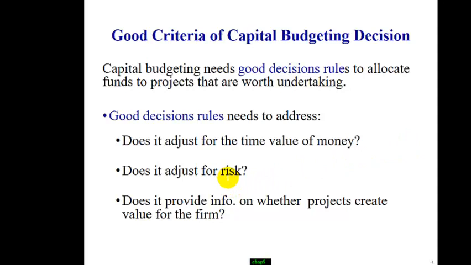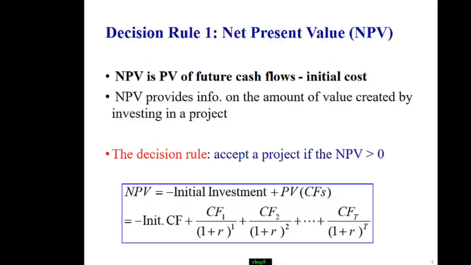Do you consider the risk of the project, safer versus risky investment? Do you provide information, say, how much money you can add from this investment? We're going to go over them one by one. We're going to introduce how we apply these rules and how we calculate these measures, through examples.